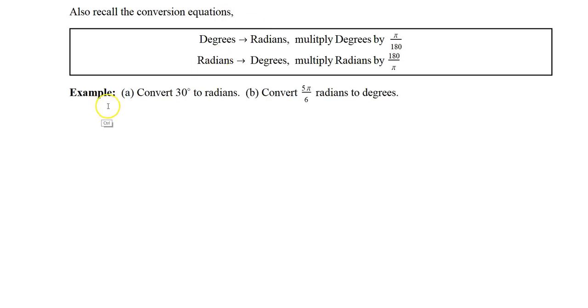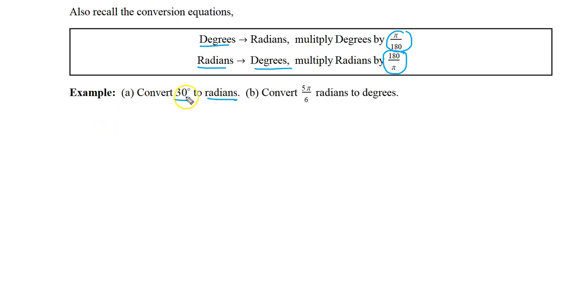Now let's recall the conversion equations for degrees to radians and radians to degrees. So to convert an angle from degrees to radians, you simply multiply by pi over 180. And to convert an angle in radians to degrees, you just multiply by 180 over pi. So for example, convert 30 degrees to radian measure.